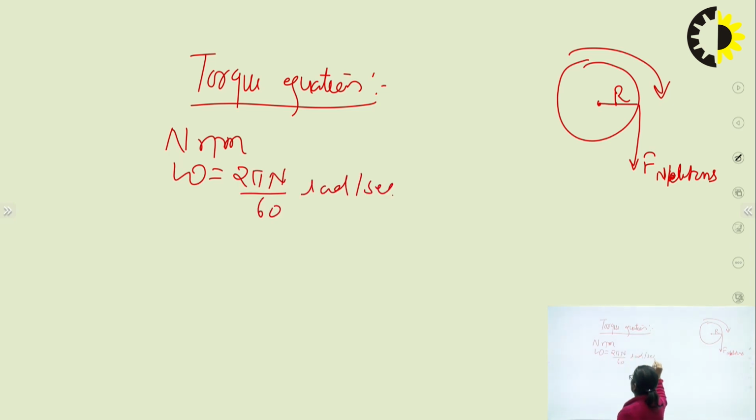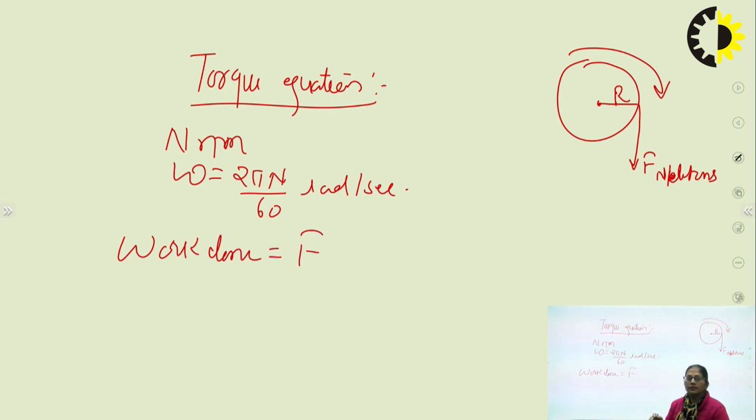With that, what is the work done in one revolution? The work done in one revolution is equal to the force applied multiplied by the distance traveled in one revolution. The distance traveled in one revolution will be 2 pi r. This is the work done.